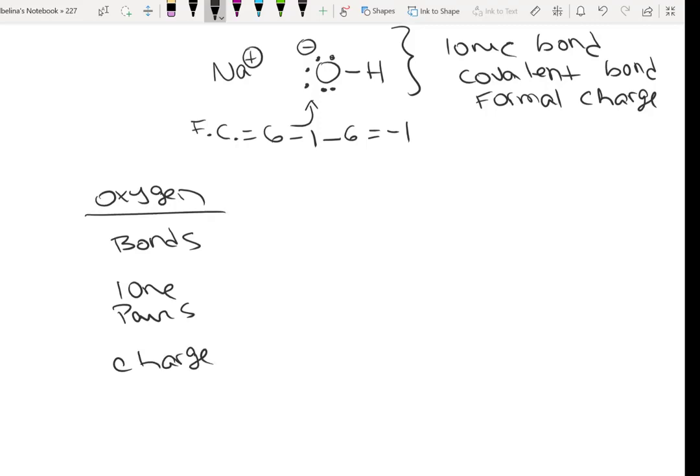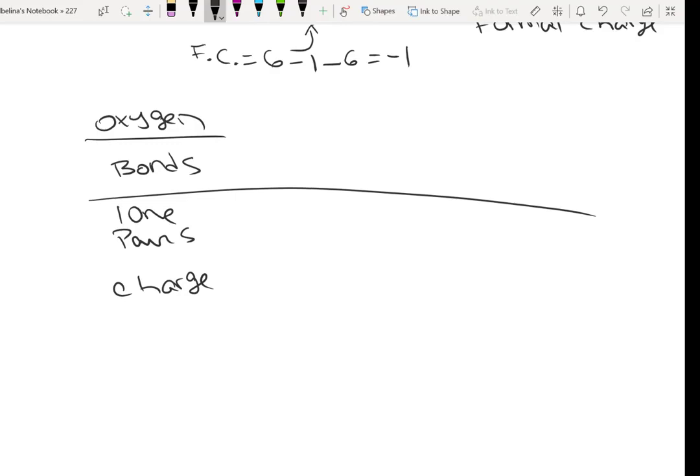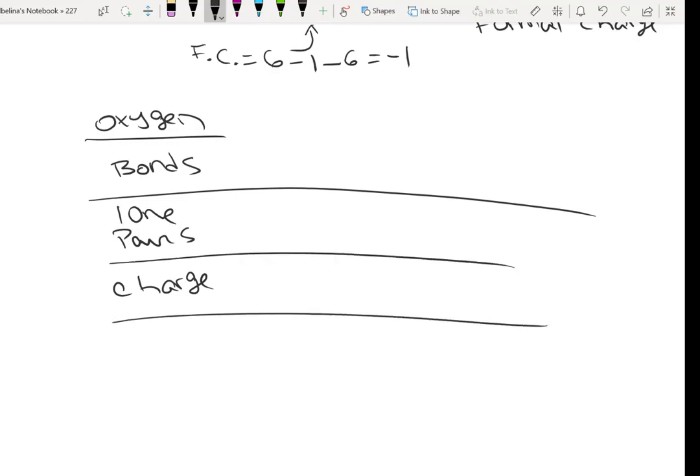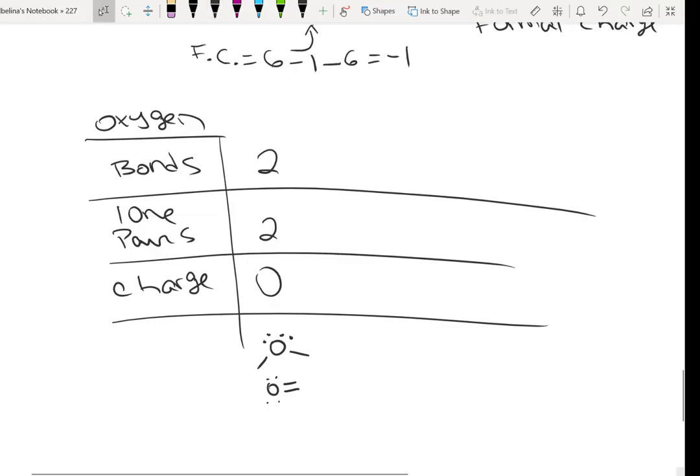Okay, and then we'll draw some examples. So you make your little table. If we have 2 bonds, 2 lone pairs, 0 formal charge. Okay, so we have oxygen with 2 single bonds and 2 lone pairs, or when we have oxygen with a double bond and 2 lone pairs, they'll have a formal charge of 0.